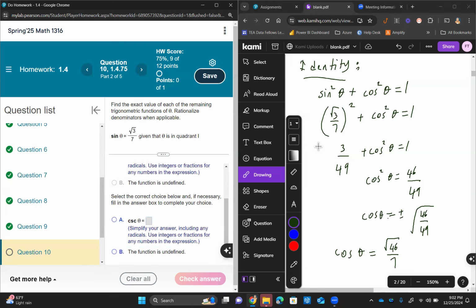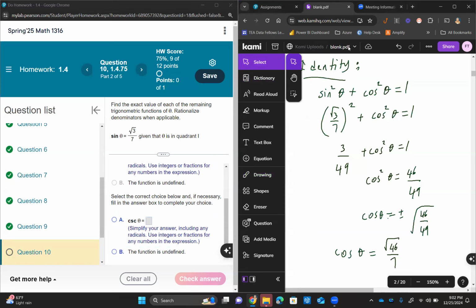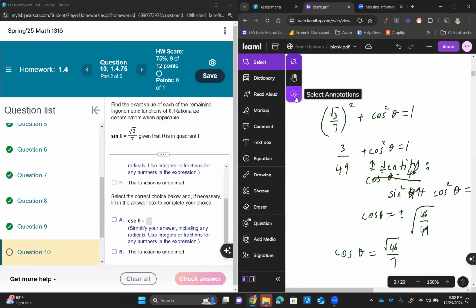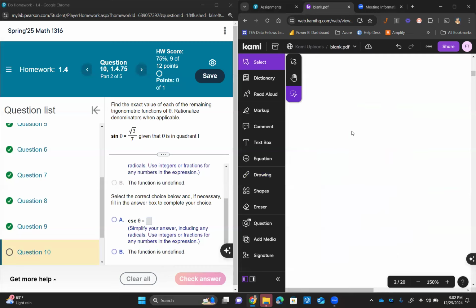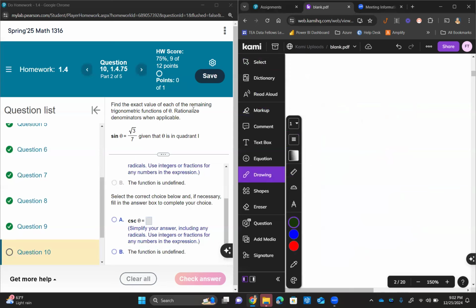Now, after we have the cosine value, let's just write down what we know about this angle. The sine value is given in the problem, and it's square root of 3/7.